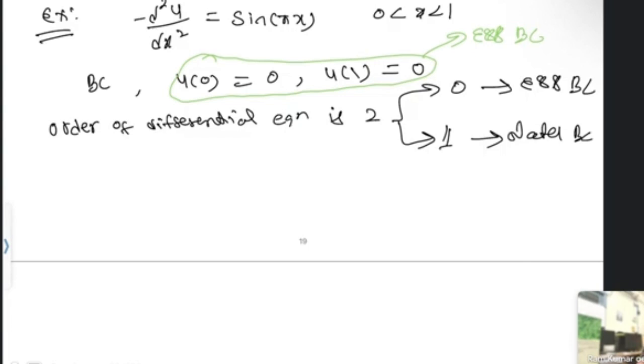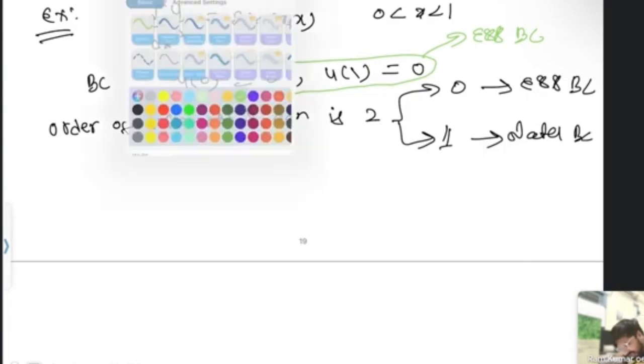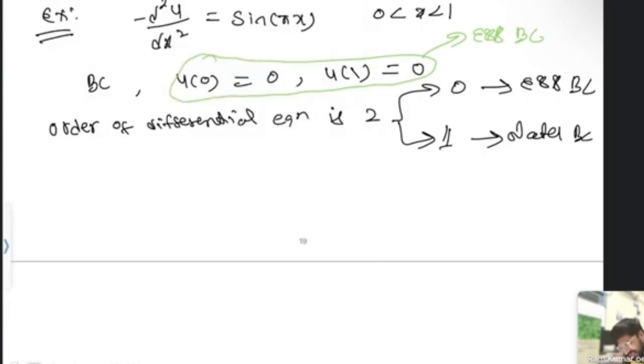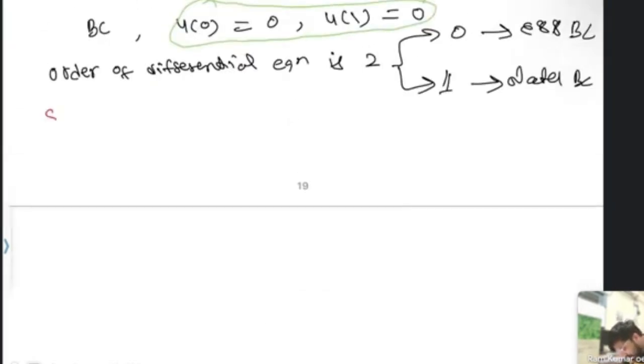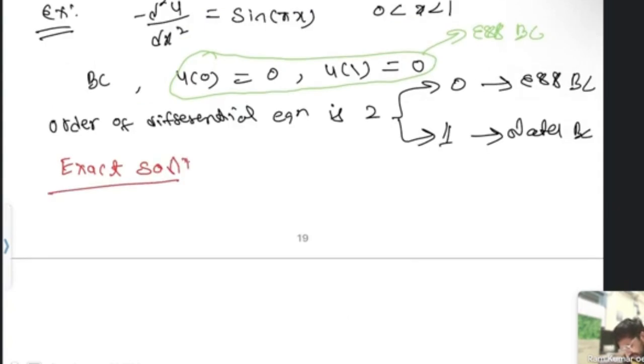Now we are going to solve this differential equation by using the exact solution. Exact solution we can do easily: minus d2u by dx2 equal to sine pi x.